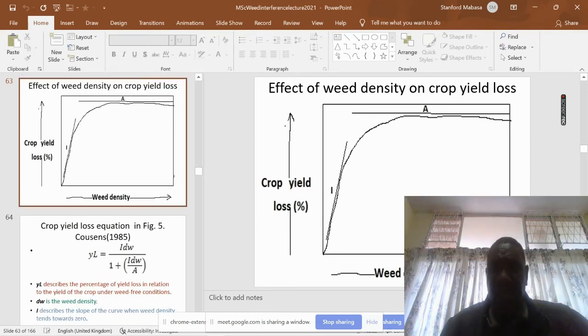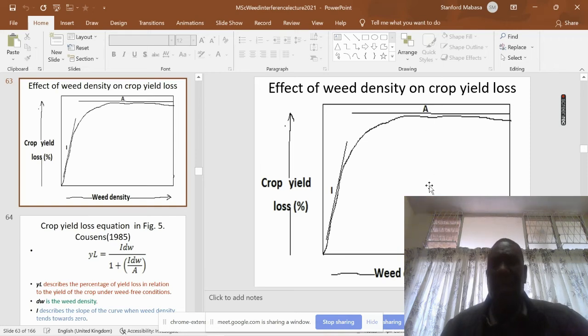I did not write dW here, but this will be dW, weed density. So you've got the slope and density dW. We will see where we are going to put A in that equation.